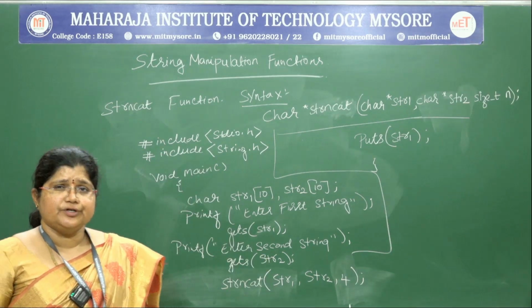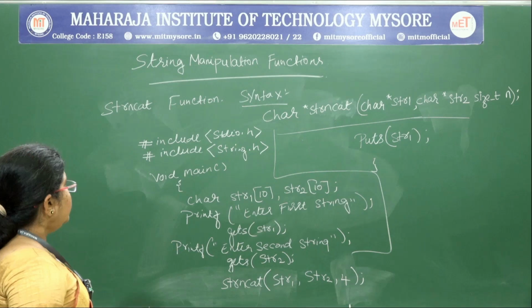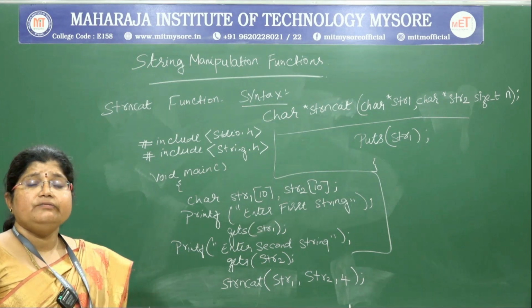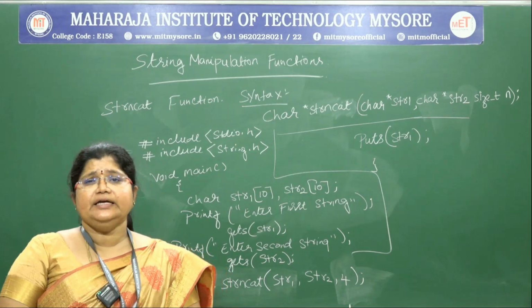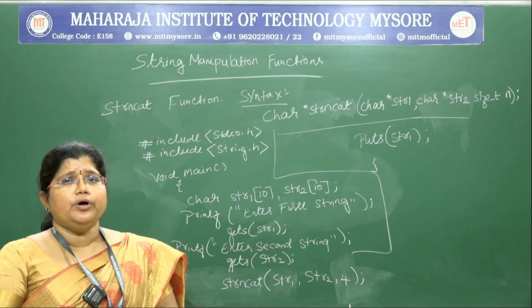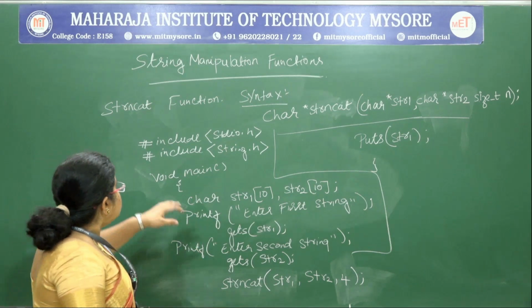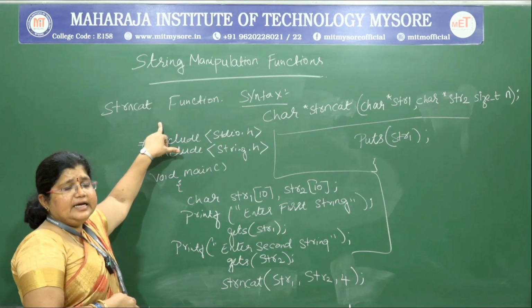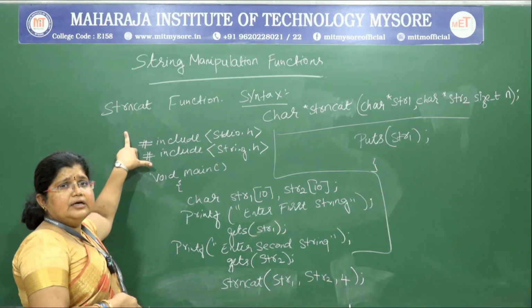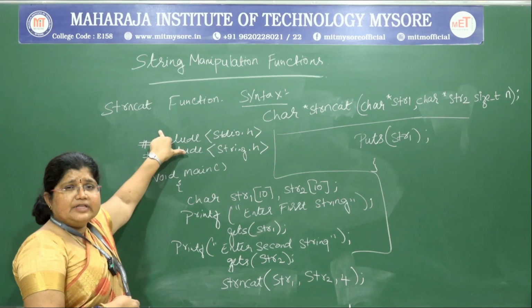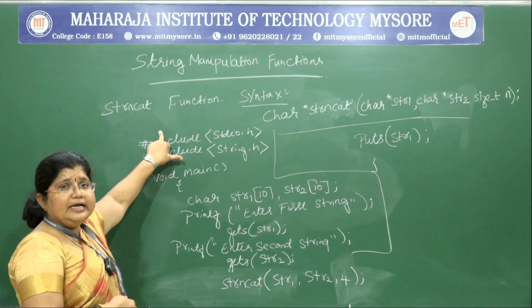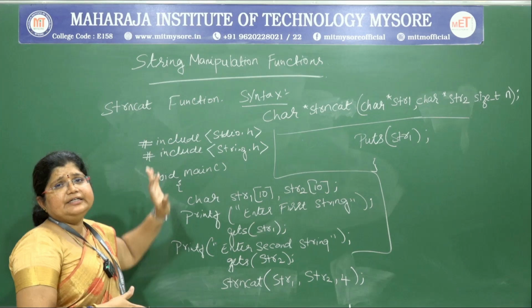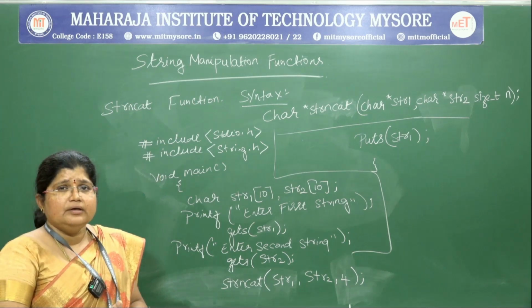Moving on to the next function, that is string concatenation with appending characters. Here strncat indicates the string will be concatenated with the other string, with the number of characters of the second string specified.